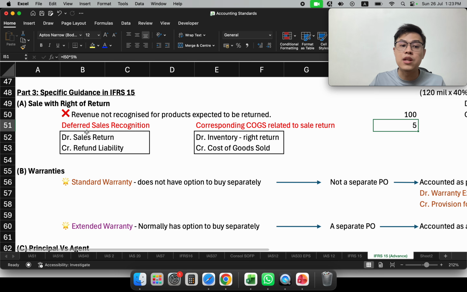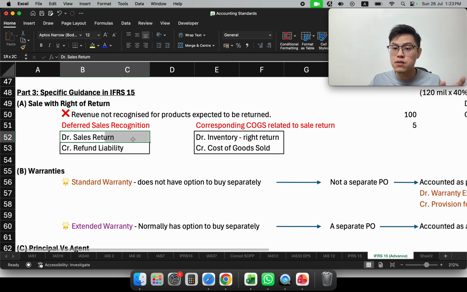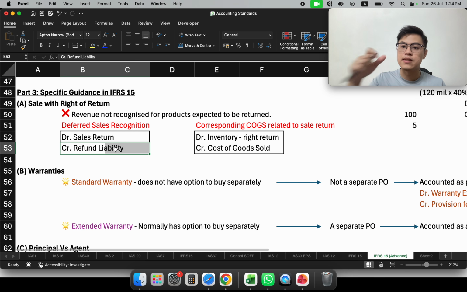I will need to reduce or defer the sales recognition first by debiting my sales. My sales were originally on the credit side. I debit my sales return to reduce my sales and I put it under my liability because I have the obligation. The customer might initiate the return anytime. Correspondingly, if I cancel the sales, the goods will be flowing back to my entity.